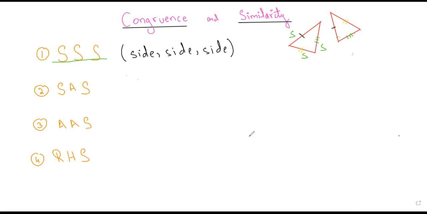So here we have side, angle, side. Let's talk about it now. So let's say this is a triangle.